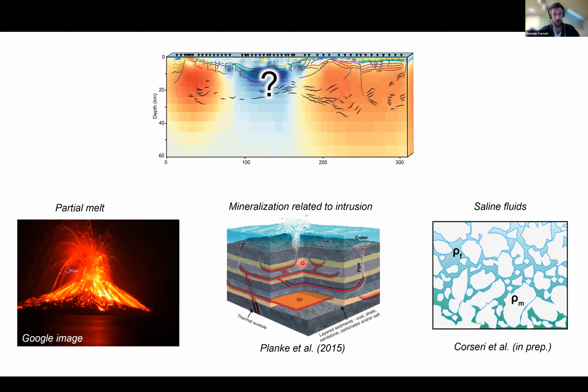In addition, in the seismic data there are no signs of igneous activity or sills or related intrusions. So we can also discard the hypothesis where mineralization along intrusions can trigger this high conductivity. So we invoke saline fluids here, and we will see why we think this is the most robust interpretation.